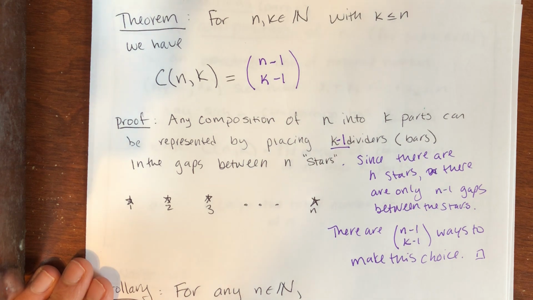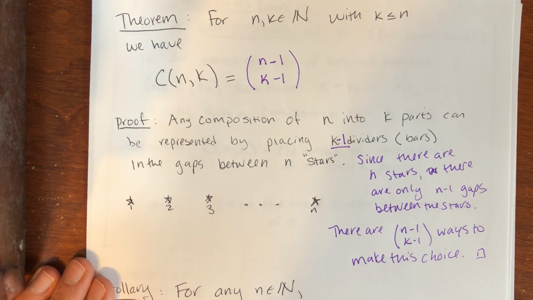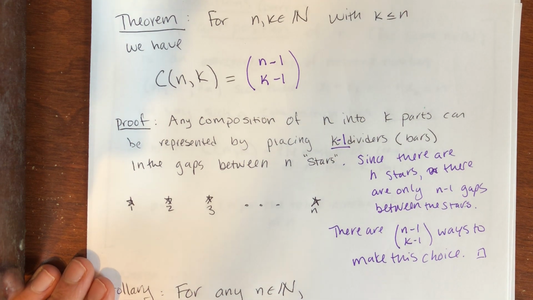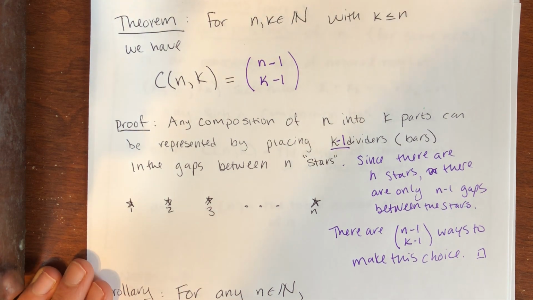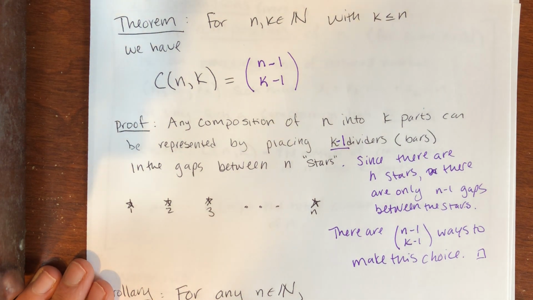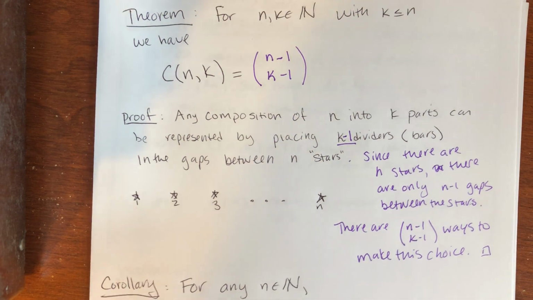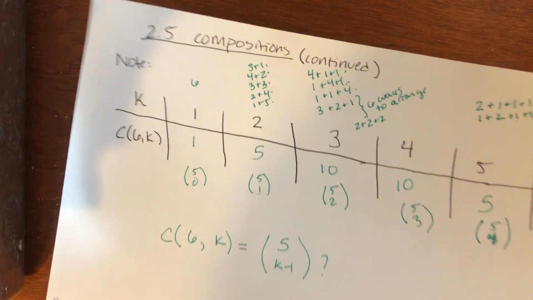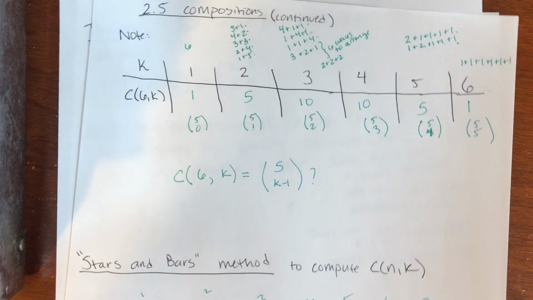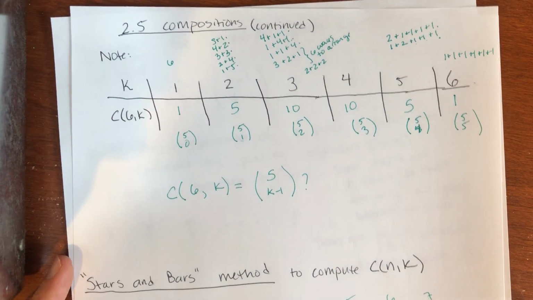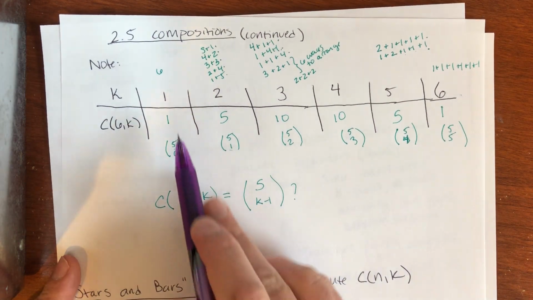This is a little bit more tricky if you change the rules and you say we're allowing for some of our groups to have 0 in it, but you'll see in the solutions to warm up 2b, there's a problem similar to that. This actually leads us to kind of a nice corollary though, because if we go back to our specific example when n was equal to 6, we found the total number of compositions of 6 by breaking it up into pieces.